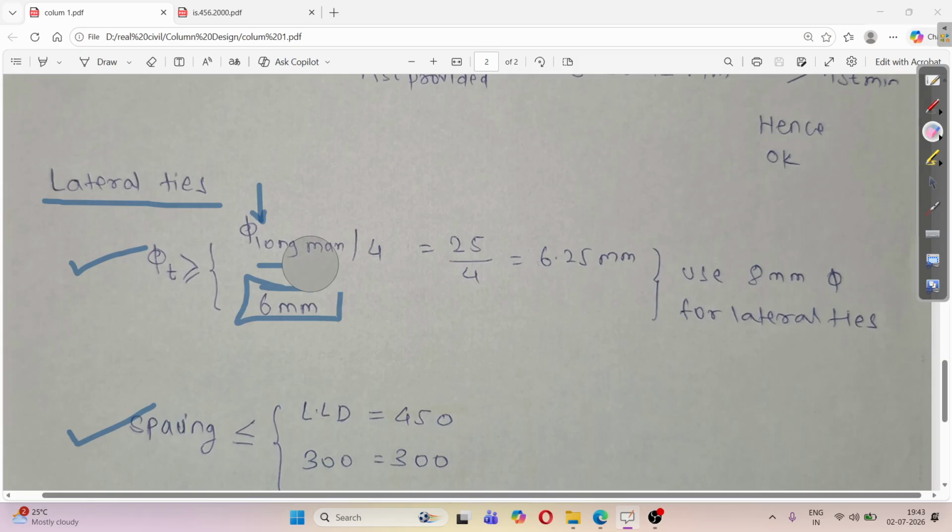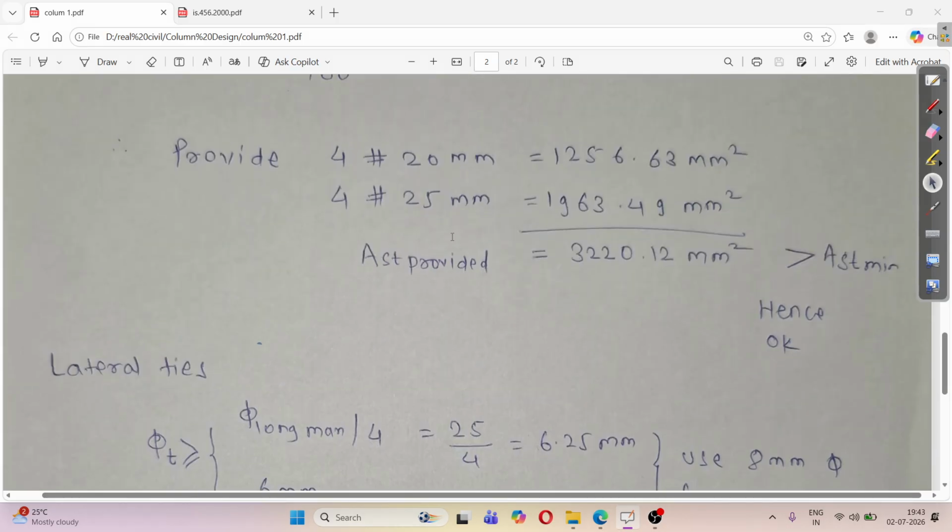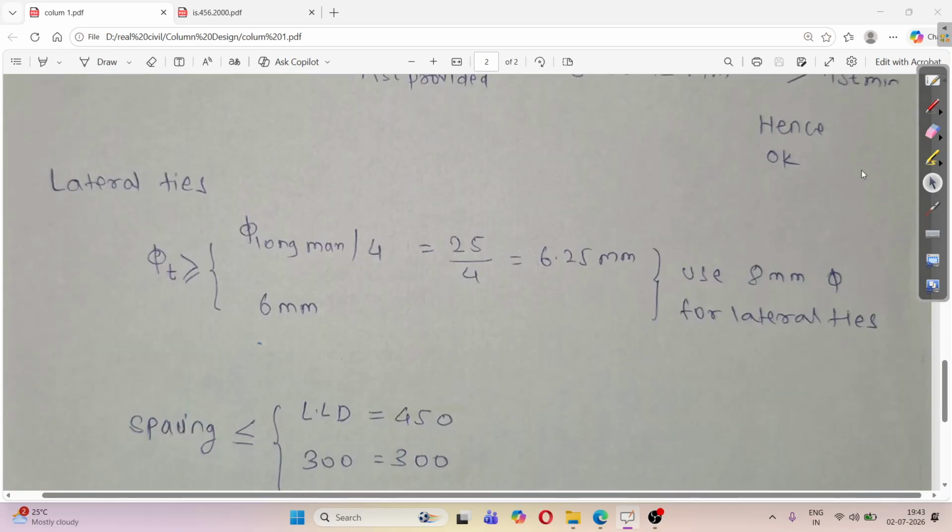Here we have used 20 mm and 25 mm, so maximum is 25. So 25 divided by 4 comes out to be 6.25. That means we have to provide greater than or equal to 6.25. In the market we cannot get a 6.25 mm bar, so we have to use an 8 mm bar, which is available in the market. So the first thing is clear.